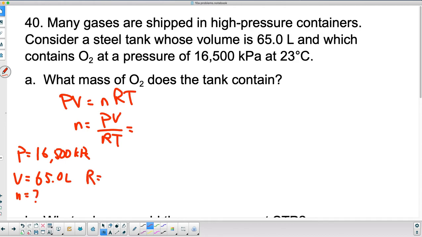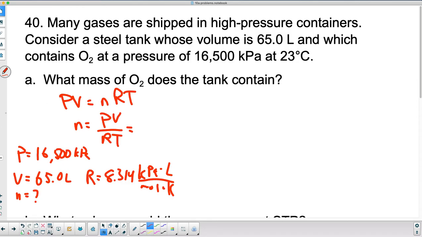My R value is based on kPa, so that's going to be 101 point, that's not right. Where's my R value? R value is 8.314 kPa times liters over mole Kelvin.